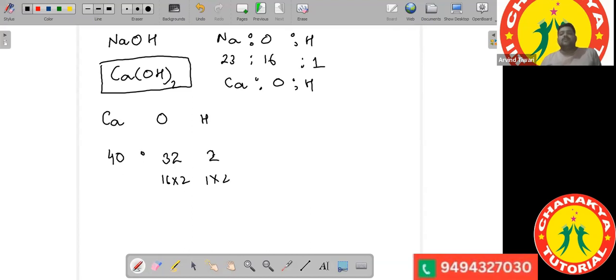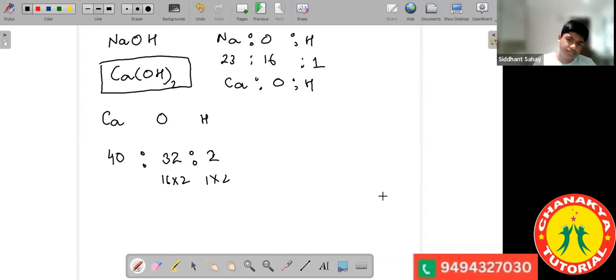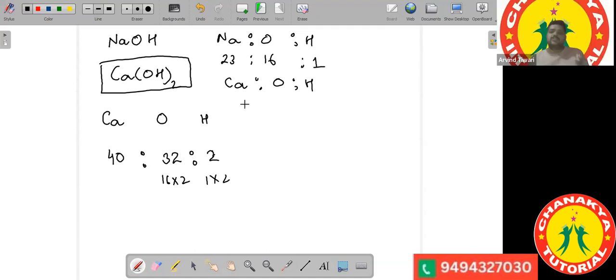Now, if you find the simple ratio between them, Aman, what is the simple ratio? 20 ratio 16 ratio 1. So wherever you find calcium hydroxide, it will contain it in the same ratio.